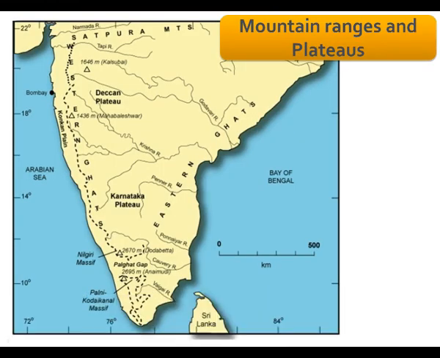So next, there are mountains, the physiographical features where we could look even in the map, the mountainous range and plateaus. As I mentioned in the earlier slides, the west is guarded by the Western Ghats, the east is guarded by the Eastern Ghats. In central India, we have got the Vindhya Satpura range, and also the plateaus, the Deccan plateau.